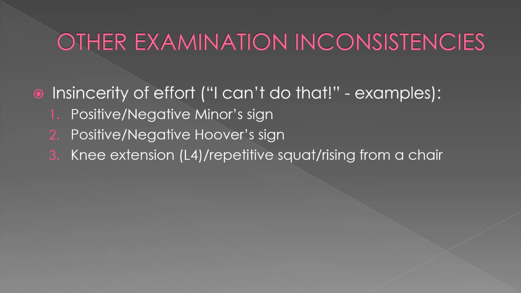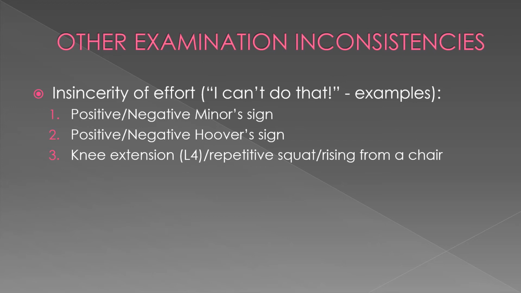And you always want to be aware of an examinee when they report to you what they cannot do. You want to make a note as to what type of movement that is, and what are the actual physical joint movements and the muscles involved and the nerves involved in the movement that they describe they're unable to perform.